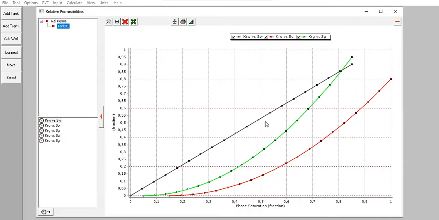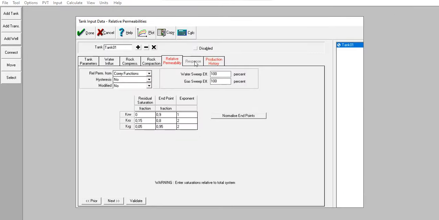Okay, KRW versus water saturation, KRO, oil relative permeability versus saturation of oil, and the KRG versus saturation of gas. Okay, close.